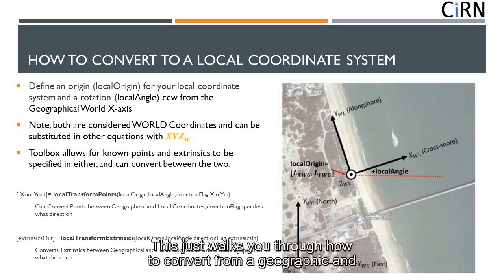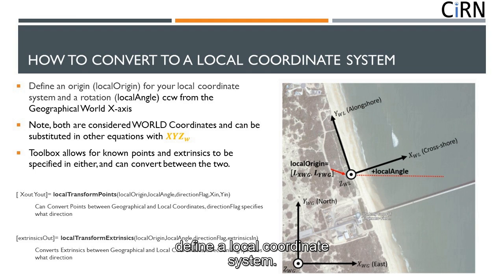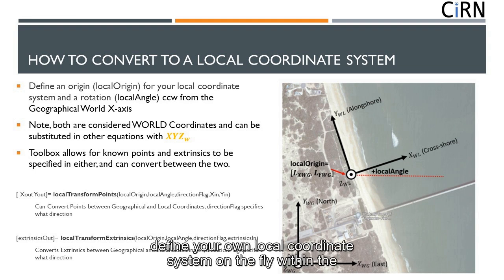This walks you through how to convert from a geographic system and define a local coordinate system. This in the past has, I think, tripped a lot of people up, and Brittany has spent a lot of time coding this functionality into the toolbox so that you can build and define your own local coordinate system on the fly.